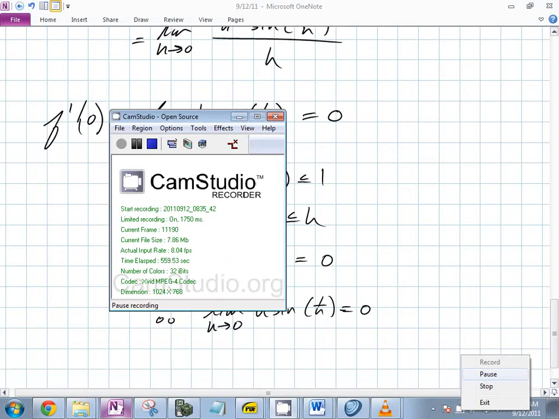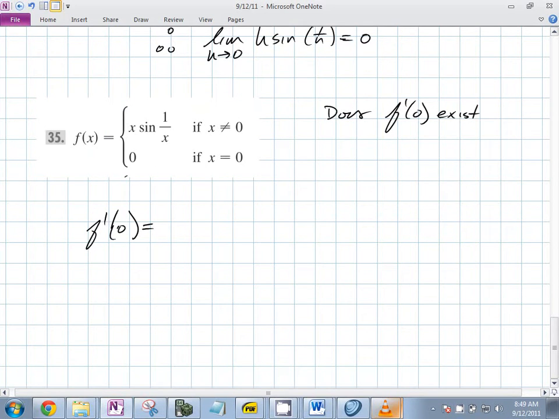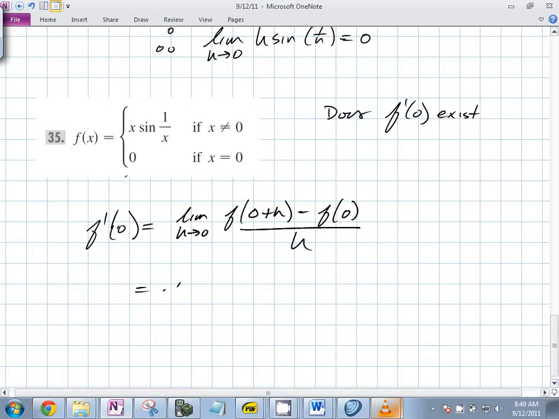f prime of 0 is going to be the limit as h goes to 0 of what? f of 0 plus h minus f of 0 over h. In this case, it's going to be the limit as h goes to 0 of f of h minus 0 all over h. Exactly. Good.